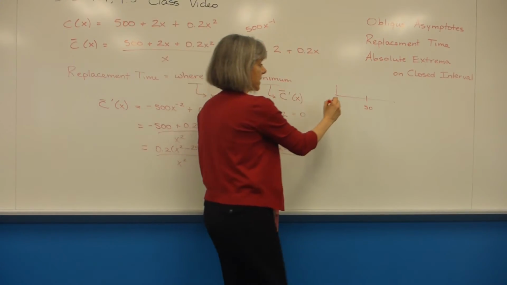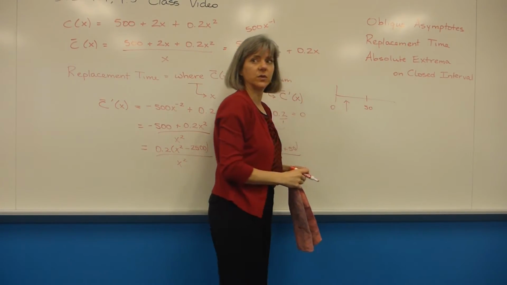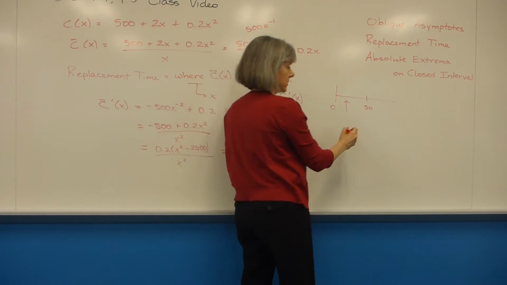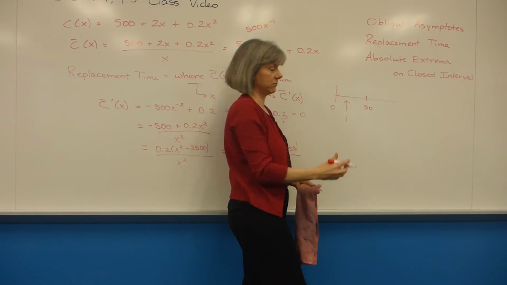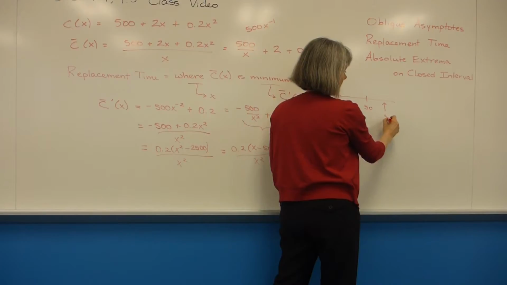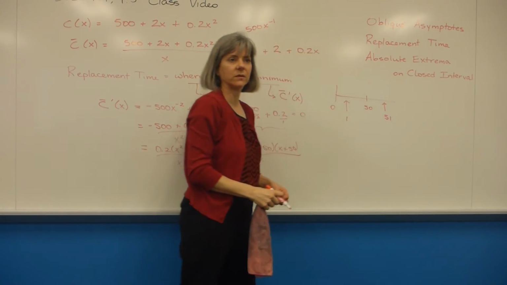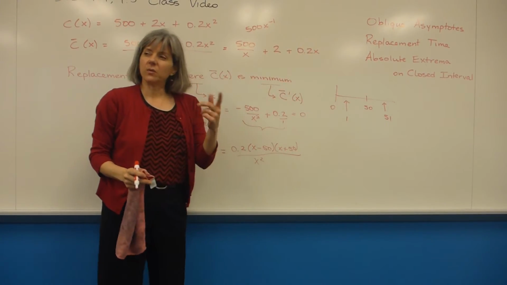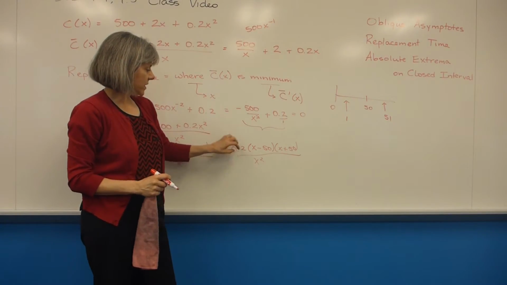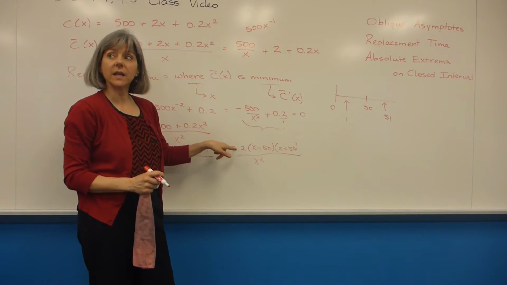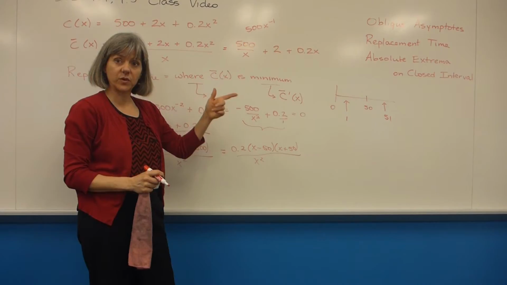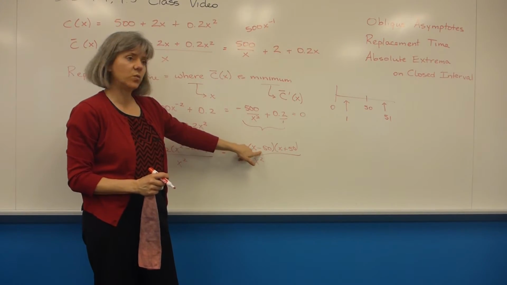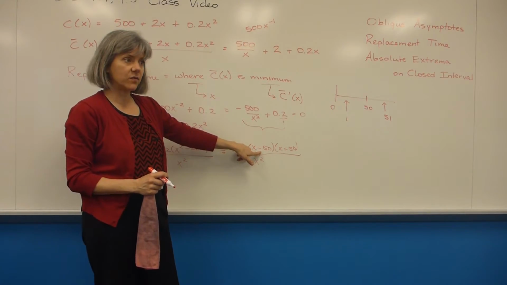Okay, so let's pick a number. Any number in there will do. So I want to pick 1. I'm good with 1. And any number over here, 51. Because I'm not actually computing, I don't care so much. So this is always positive. If it were negative, I'd have to include it, as I'm keeping track of signs, but I don't care. So if I put in 1 here, I'll get negative 49, so that's negative.